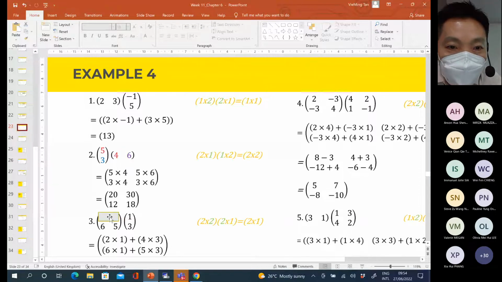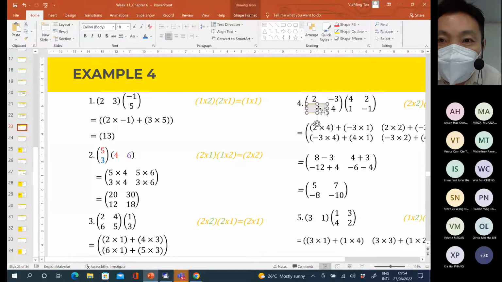Okay, I move this one to here. I hide the second row.